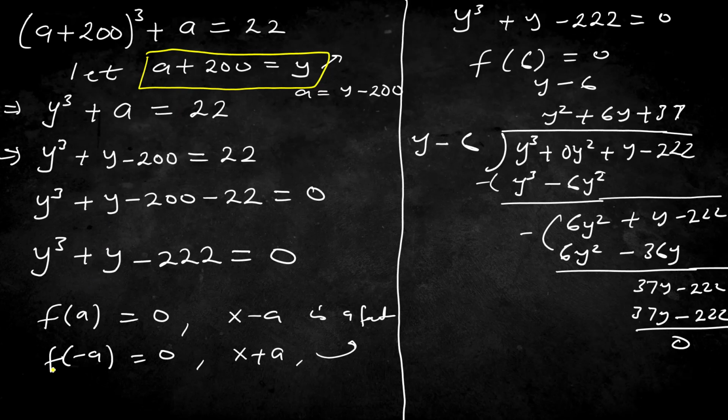So let's take y as 6. So a plus 200 equals 6.